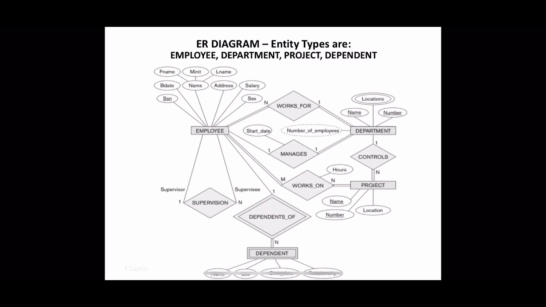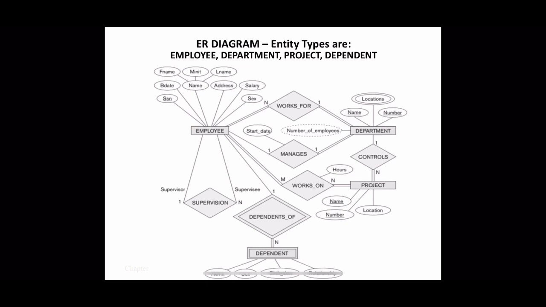Each and every entity type and some of the relationship types have attributes. For employees and so on, we have already seen what the different attributes are and how they are created. And we have the department. One attribute is actually a derived attribute. What is a derived attribute? An attribute that can be derived from some other attribute is called a derived attribute.